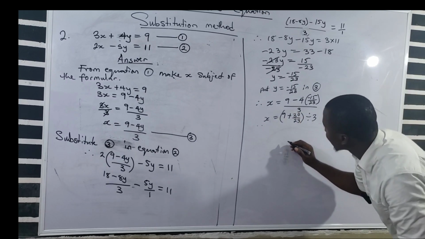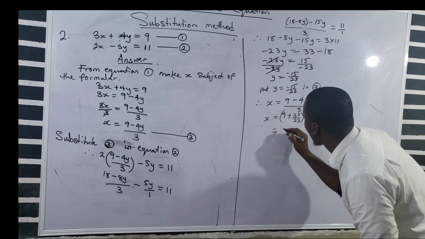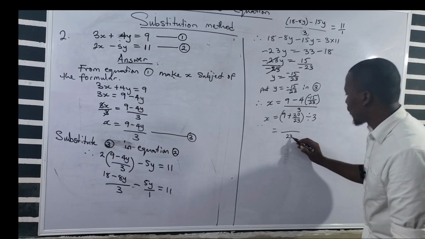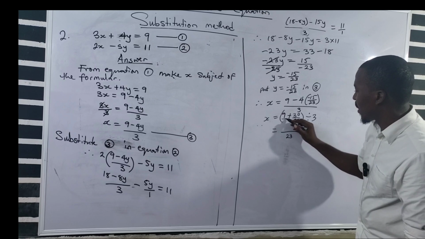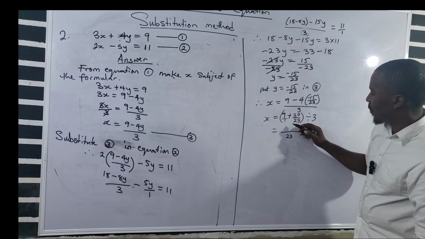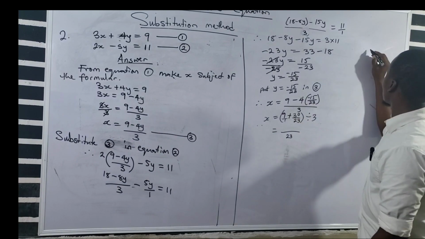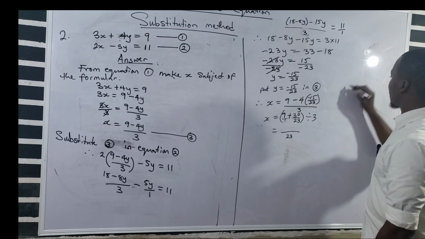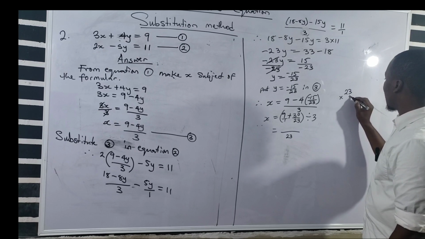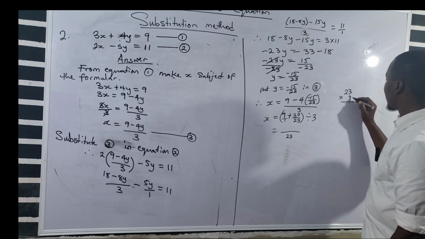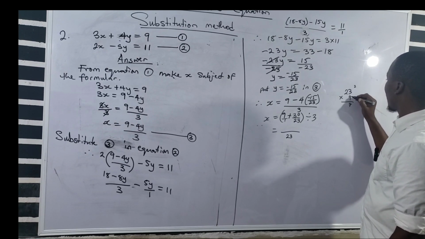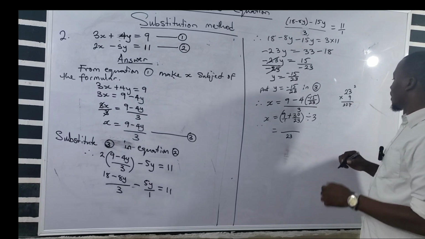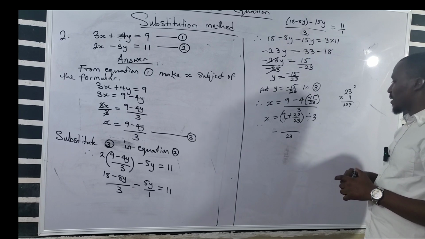So that will give us LCM is 23. 23 divided by 1. Make this one 1. That will give you 23. 23 times 9. So you can just come somewhere and do that. 23 times 9 gives 207.